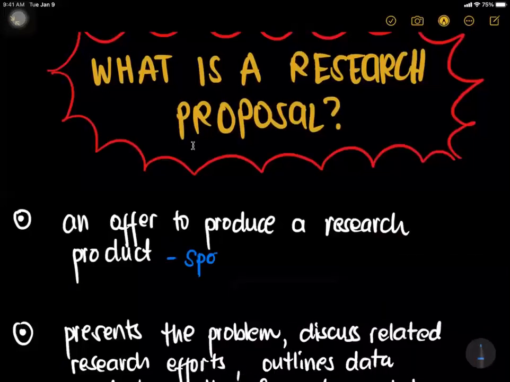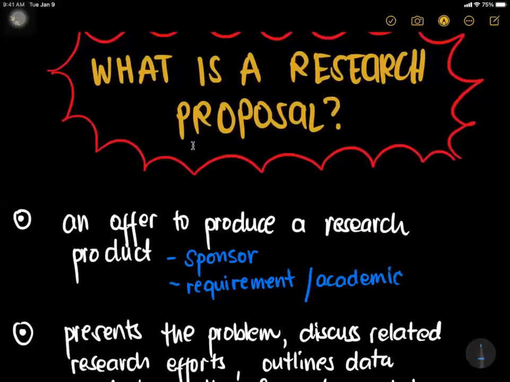I would like to say sponsor over buyer because as students, there will be various institutions, or probably your school. In some cases, if you do a research proposal as a student, you do this as a requirement, or for academic purposes, in your school or in your course.